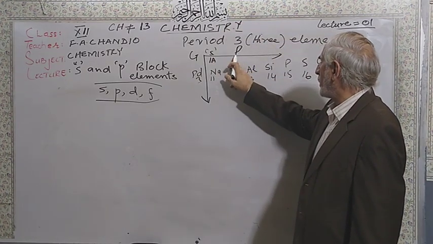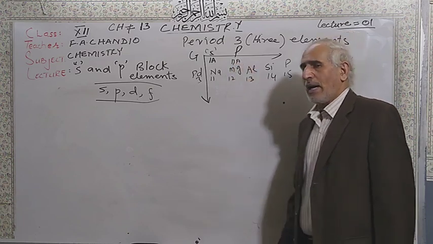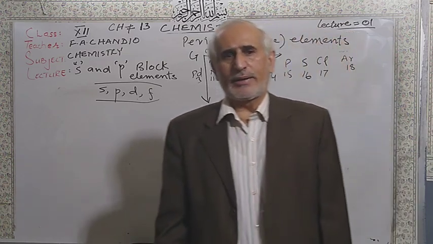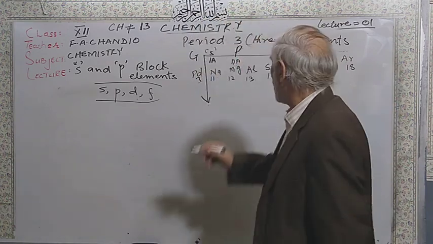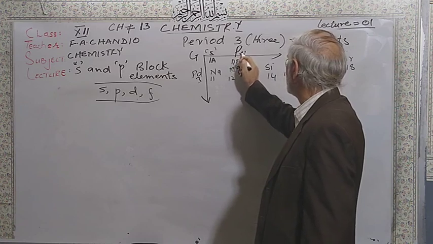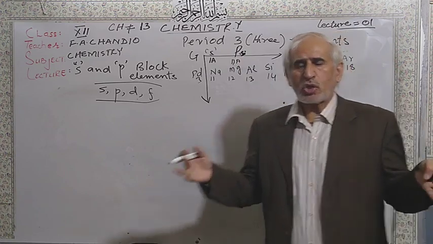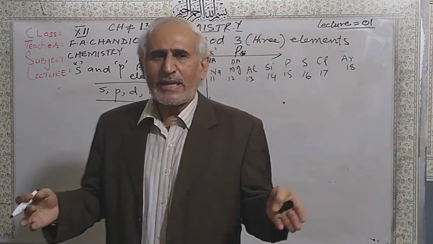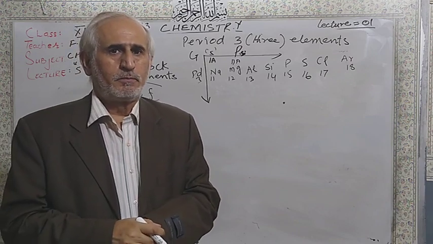Magnesium belongs to group number 2, the alkaline earth metals, also S series. So the two elements, sodium and magnesium, belong to the S series, S block.